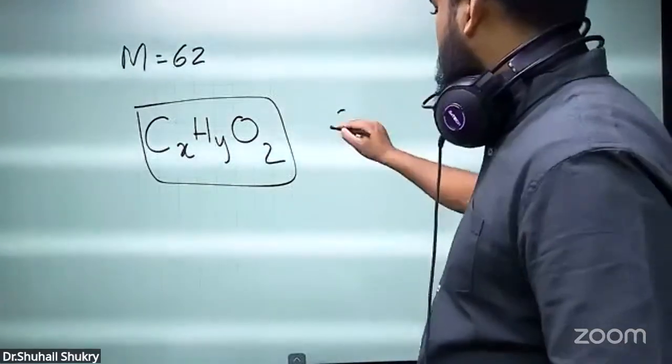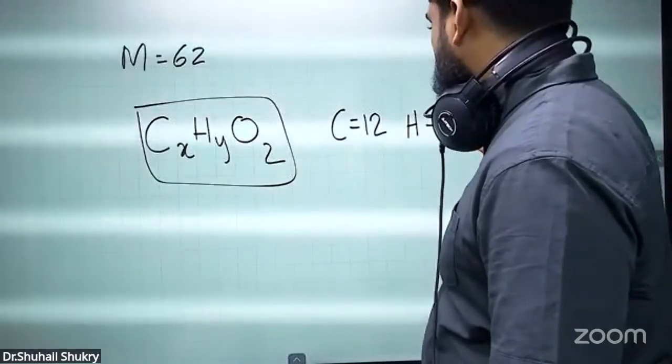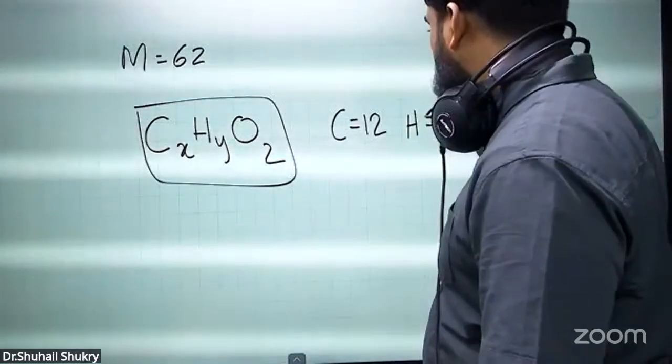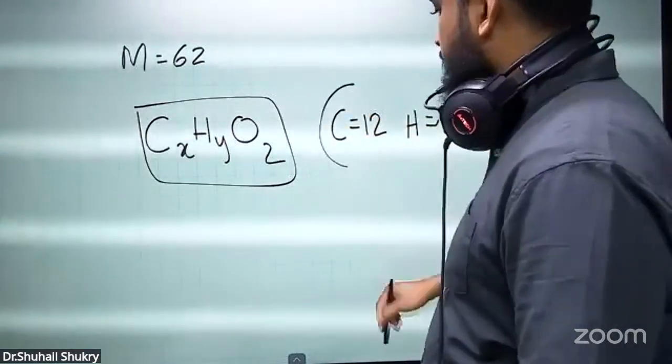Then they have given carbon equals 12, hydrogen equals 1, oxygen equals 16. They have given these things.